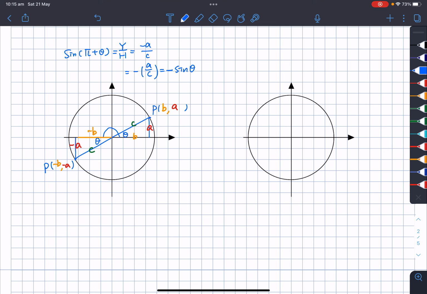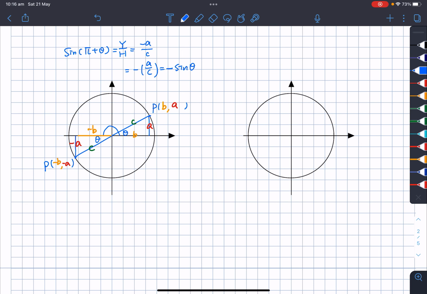Therefore, about the third quadrant, cosine pi plus theta is x over h, right?